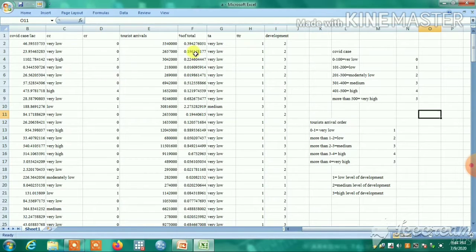In this way we have calculated, and after that we have classified it this way: 0 to 1%, that means up to 1%, very low; more than 1 to 2%, low; and more than 2 to 3%, medium. In this way we have classified, and the numerical values are like this in our hypothetical example. The variable's name is TTR.